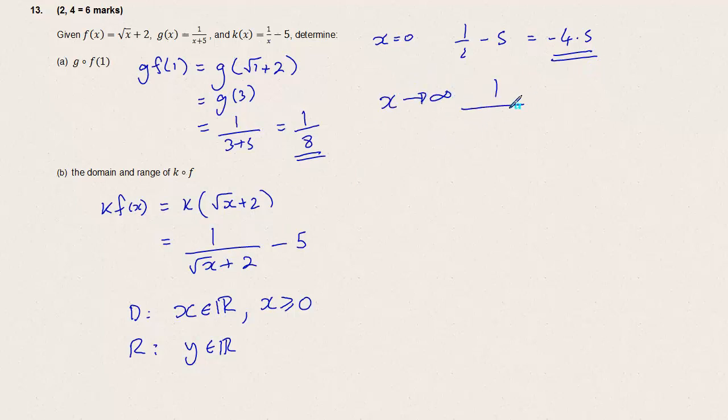Essentially you end up with 1 divided by something really big, take away 5. So this is going to approach 0. So it's going to tend to negative 5, but it can't actually be negative 5. So y has got to be greater than negative 5, but it can be less than or equal to negative 4.5.